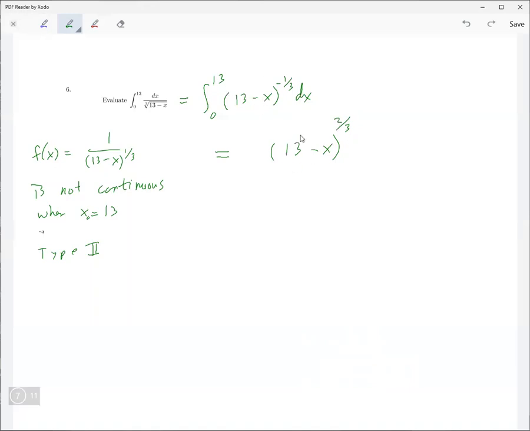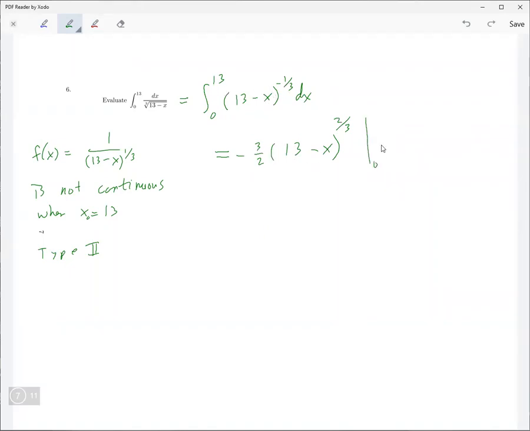If you differentiate this, you have a 2/3 coming down, so we'll need a 3/2 to counter that. The 2/3 comes down and reduces with that, and the power reduces by 1, so 2/3 minus 1 is negative 1/3. That's how we set it up. Then the derivative inside is negative 1, so put a negative 1 out here to counter that. So that is an antiderivative of this.